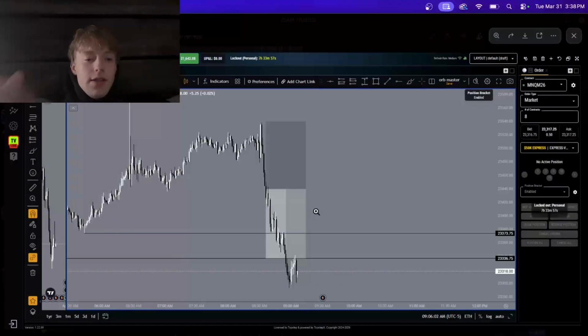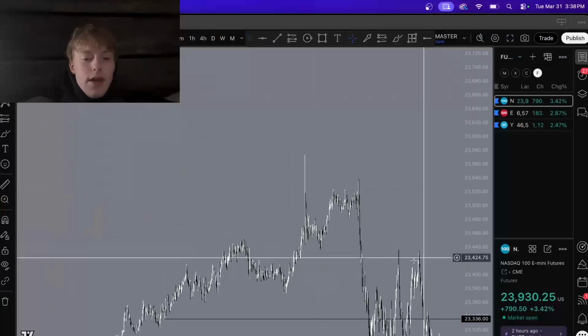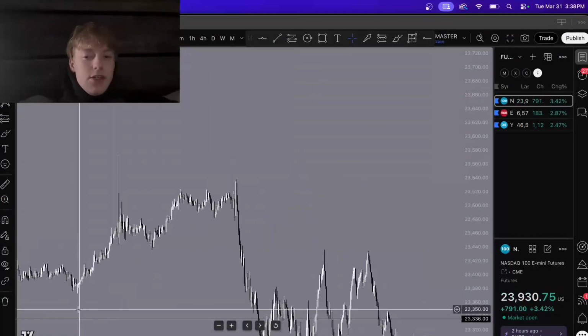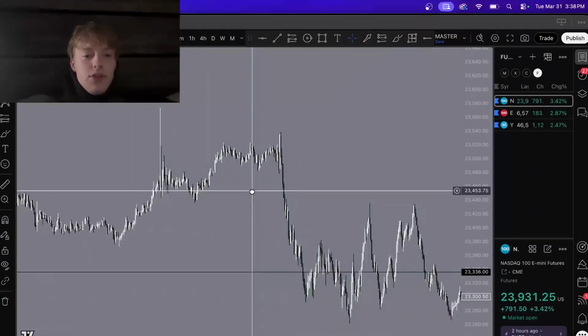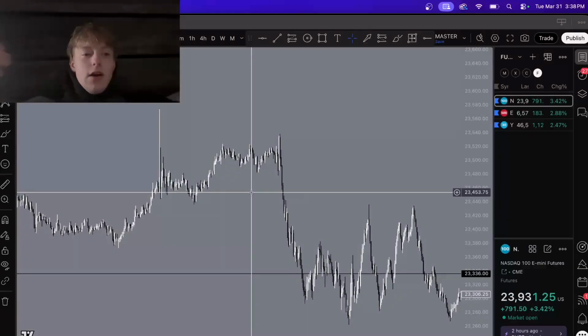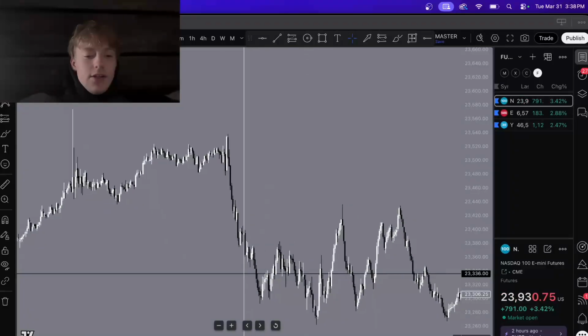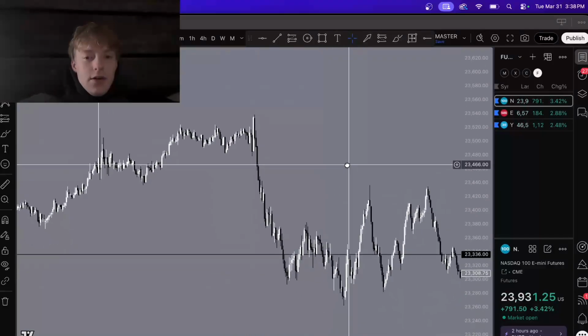And so when a setup like this appears, I'm going to be willing to take it, right? So yeah, the whole idea is manipulation and distribution. If you guys watch PB Trading, he calls it the Patty swing. Okay, it's literally just manipulation higher and distribution lower, right?